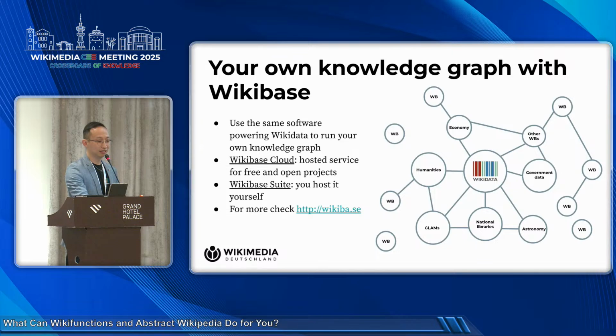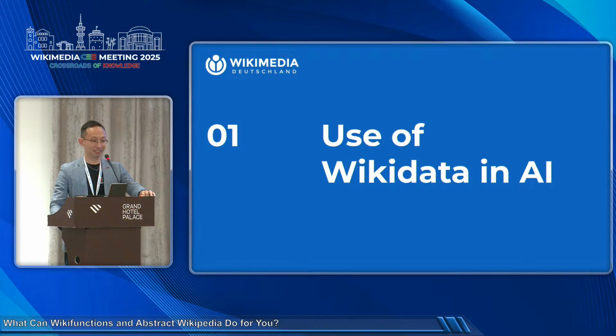I'm not going to go into much more detail today because we had workshops on Wikidata and Wikibase yesterday, and there were more workshops at the different institutions. Long story short, if you want to have your own little mini Wikidata, download or use Wikibase, and enjoy what Wikidata is in your own little projects.